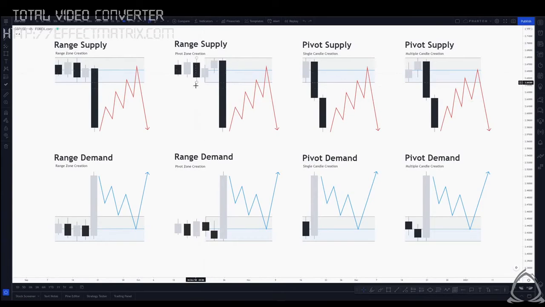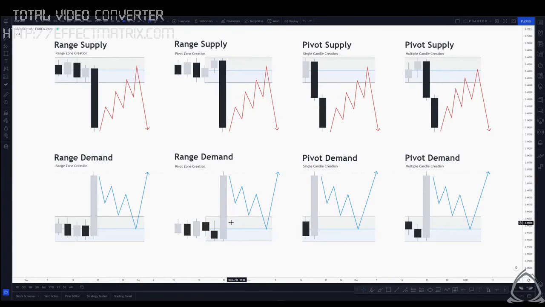If we have 2 or 3 bullish candles before that large move, that implies a pivot. And if we have 1, it's still a pivot, but it's a little bit more refined within the overall range in question. And the same is said with range demand.